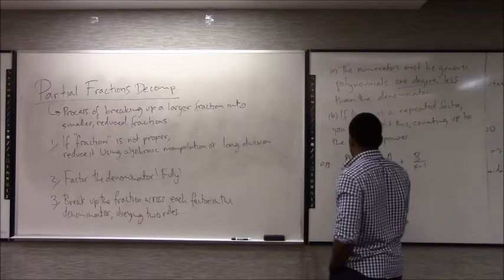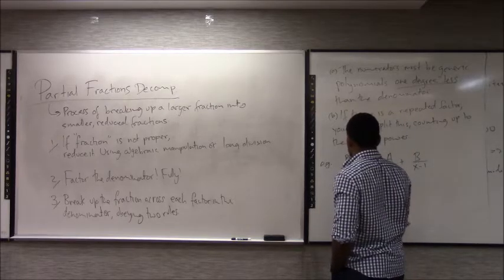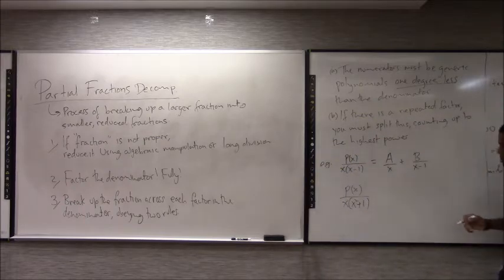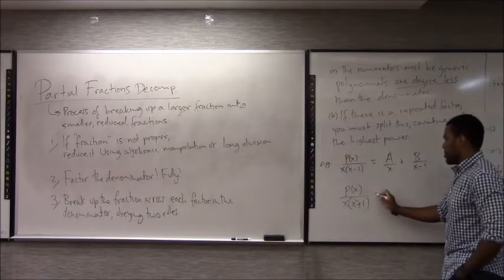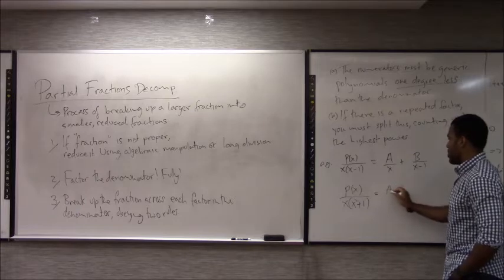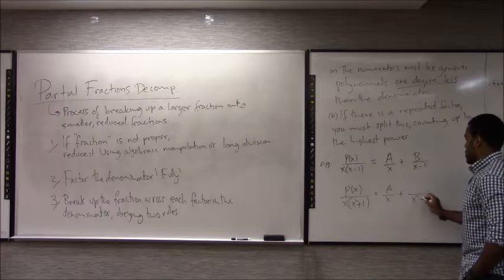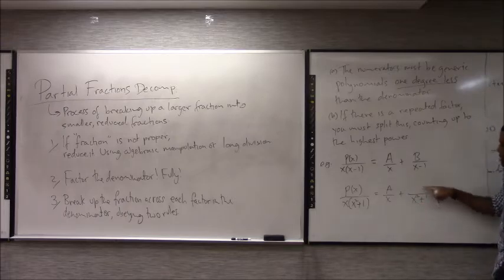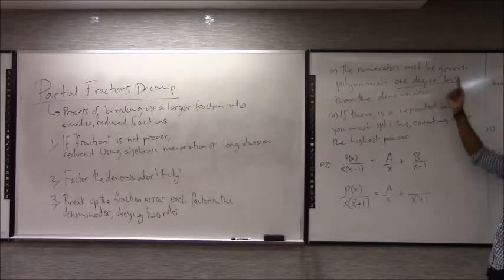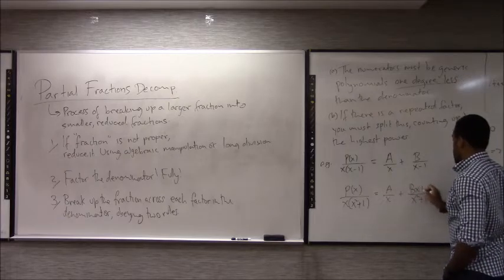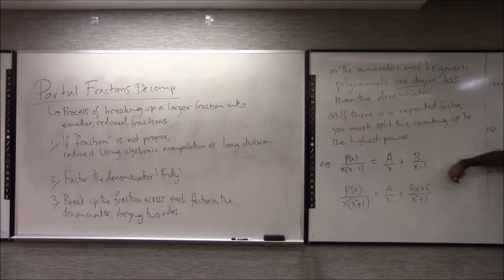If you have something like x times x squared plus 1, which can't be factored anymore over the real numbers, you would break that up into a over x plus, for the other factor x squared plus 1, a quadratic, which means on top you need something one degree less, a linear function, something like bx plus c, accounting for all possible coefficients down to the 0 coefficient.